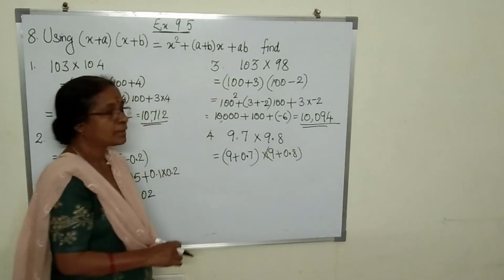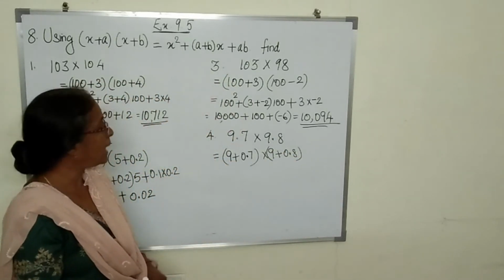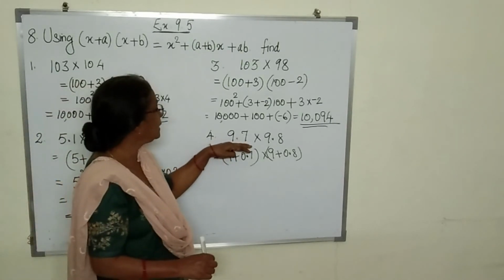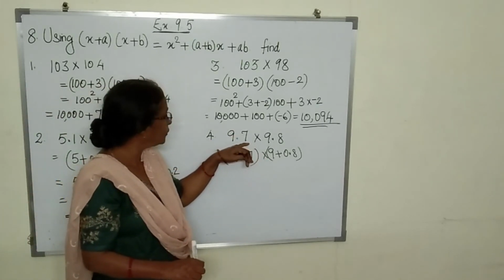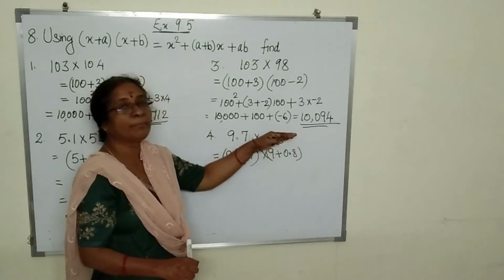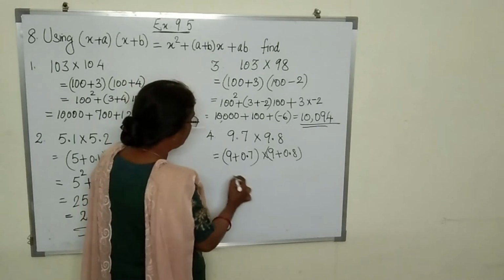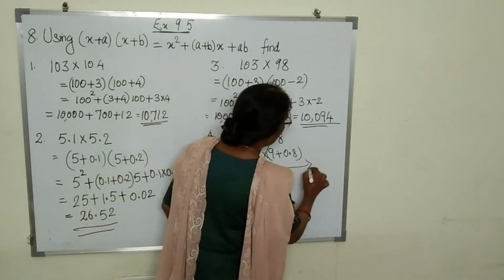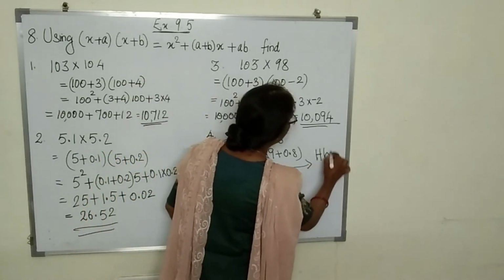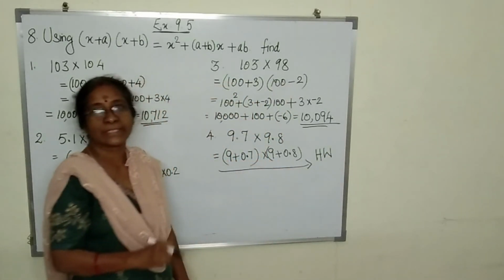Okay. If you wish to write, you can also write 10 minus 0.3 and 10 minus 0.2. So this operation, you can do it as homework. You try it yourselves.